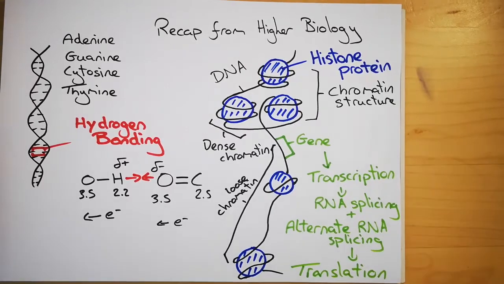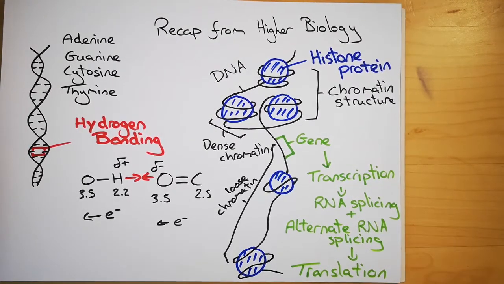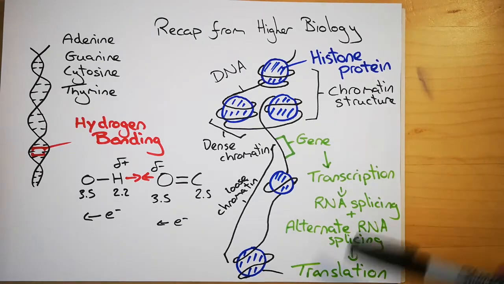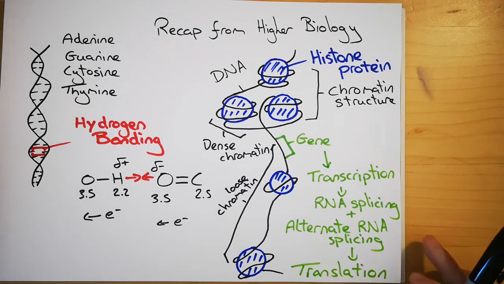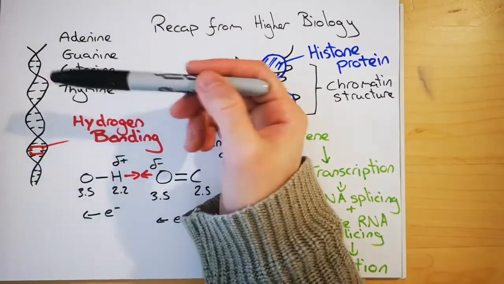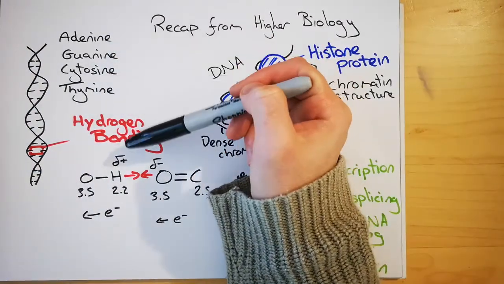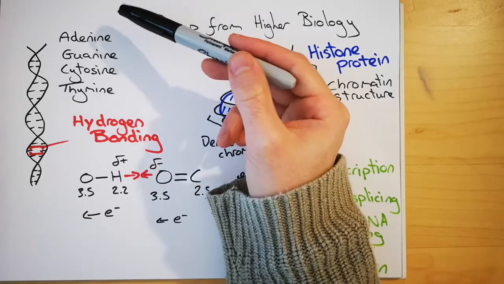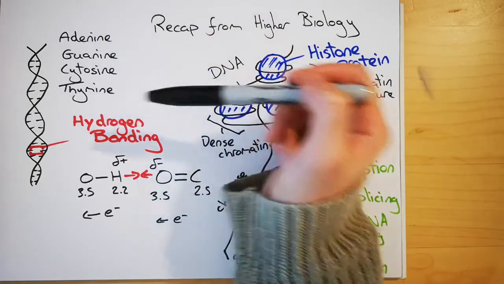Okay, Advanced Higher, so this is going to be a very quick recap of the things that you should have covered in Higher Biology, and we're going to get up to the place where Advanced Higher really wants to take over and look a little bit deeper into our protein structure. So, going back to basics, our DNA strand is a double helix made up of several different bases: adenine, guanine, cytosine, and thymine.